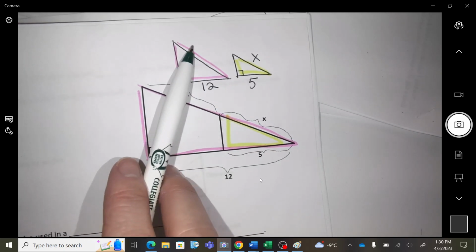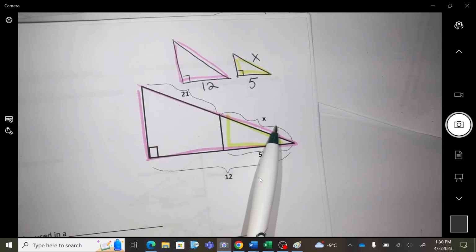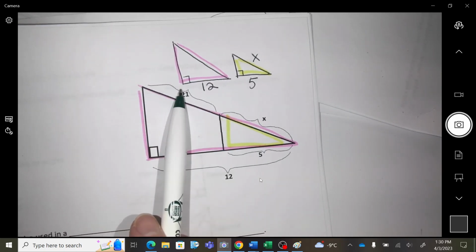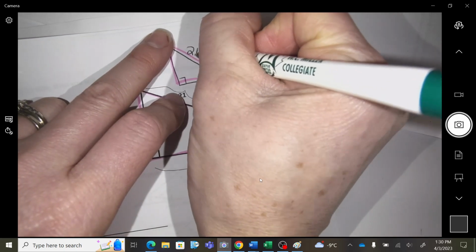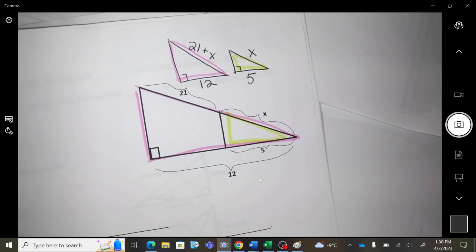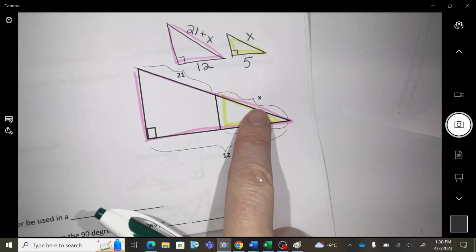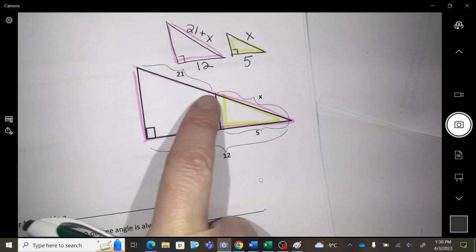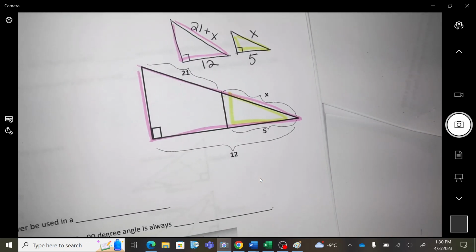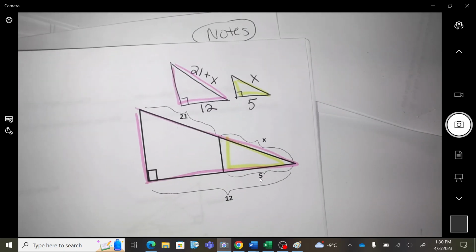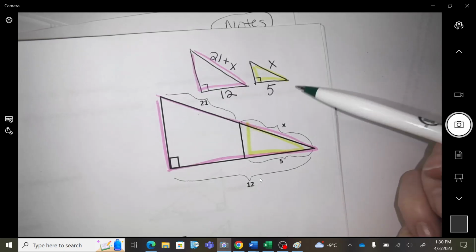Does anybody know what the whole side length is here? How do you represent that with math? 21 plus x. For instance, I'm just going to pretend x is some number. So if x was, say, 10, it would make that side 31. Can you set me up a ratio like we did?